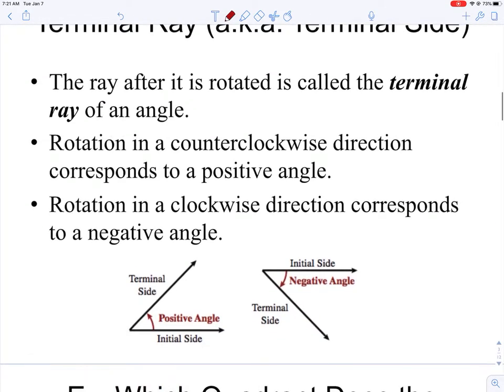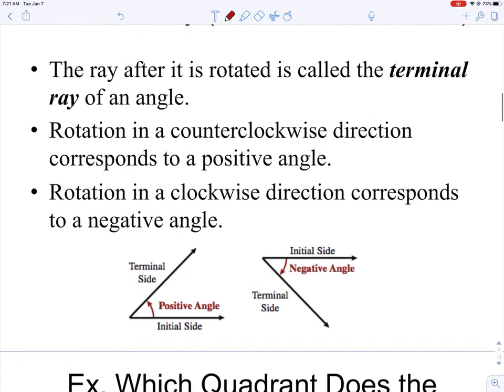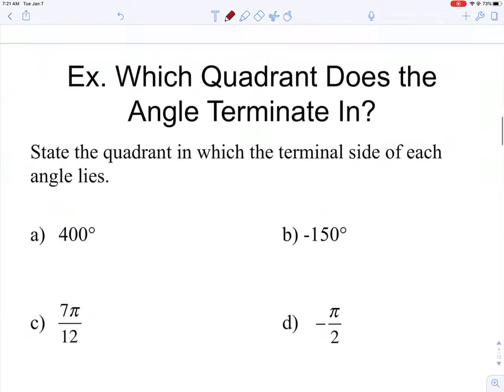If we think about the terminal side having been rotated in the clockwise direction, that creates a negative angle. Okay, so counterclockwise direction creates a positive angle. Rotating in the clockwise direction creates a negative angle.